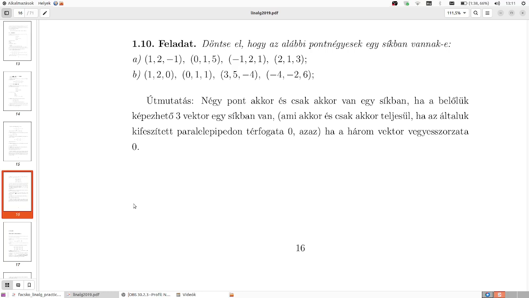Okay, I have 4 points. And these are in the space. I just select A. Actually, now it's not a bad choice. And so these points are not just points, they are in a coordinate system.